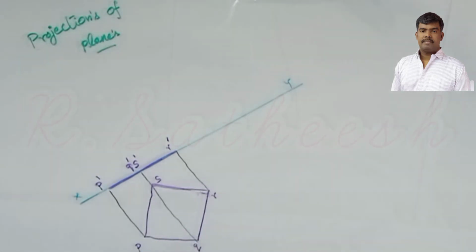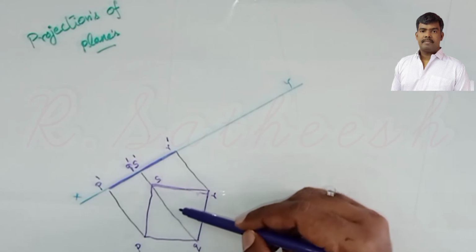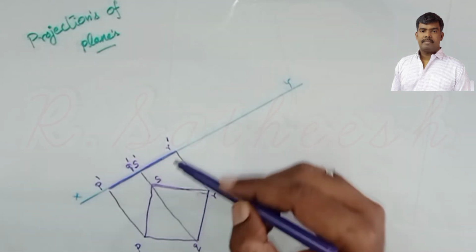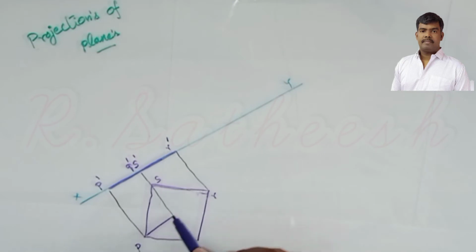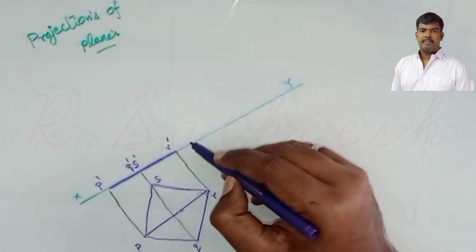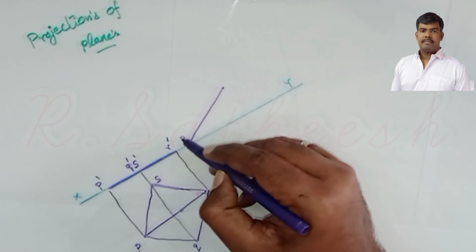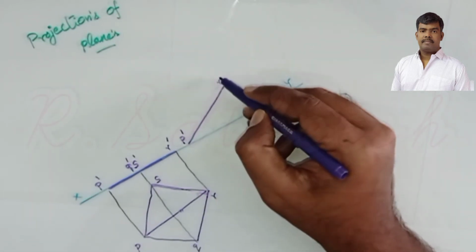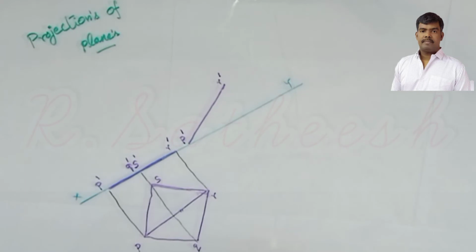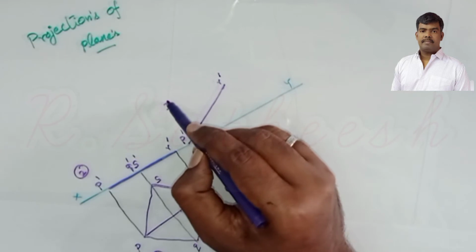So the front view and top view are both drawn. First you draw the top view, then the front view. After that, this is the diagonal PR, which is now parallel to both planes. Now it is inclined 45 degrees. This is P and this one is R dash, because this is the first diagram, this one is the second diagram, and now this is the third diagram.